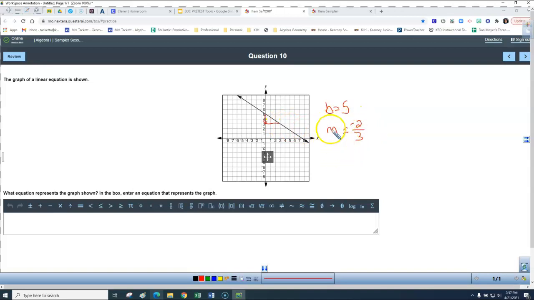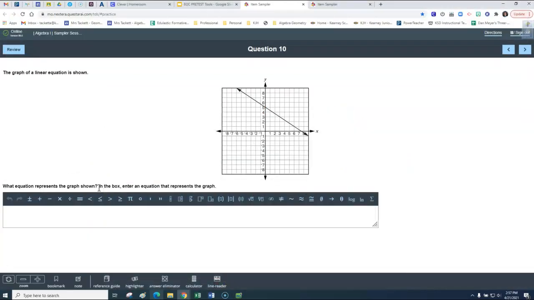So that's our actual slope. It doesn't reduce anymore, so that's it. So we can write y equals -2/3 x plus 5.